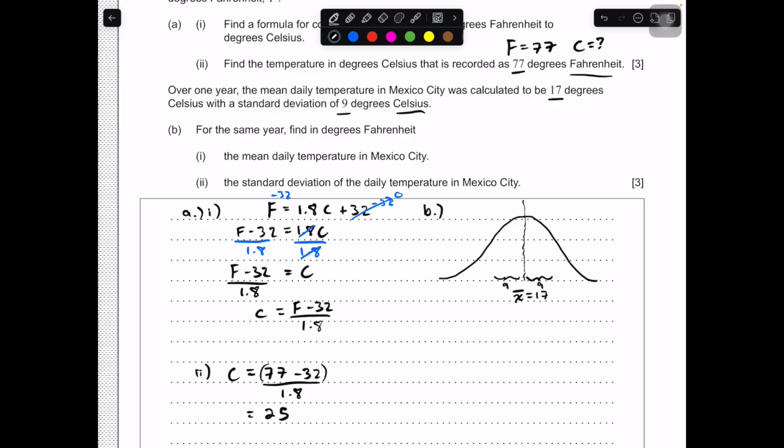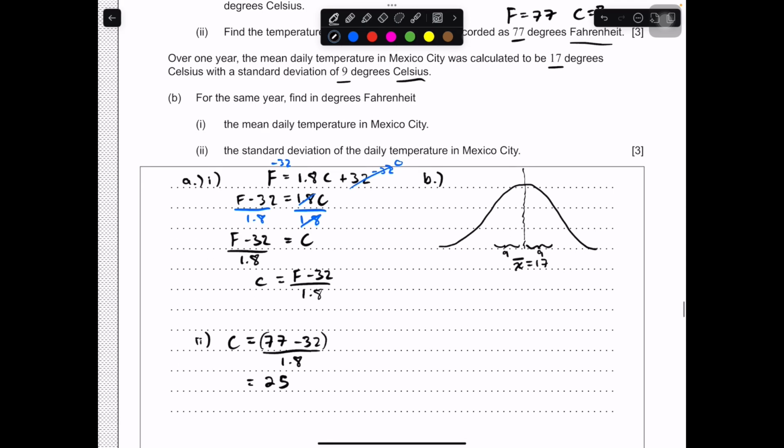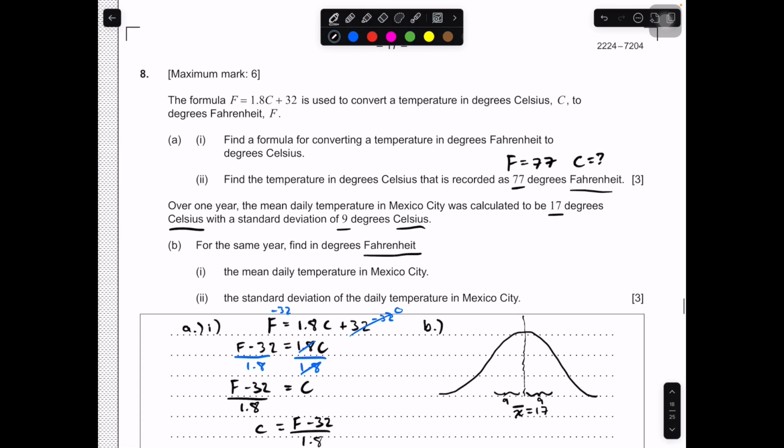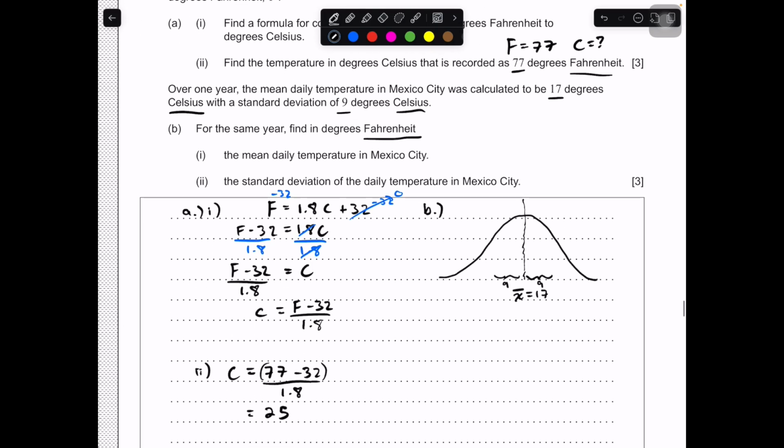Well, if the average was 17 degrees C, it has to be 17 degrees Celsius. For the same year, find in degrees Fahrenheit. So we've got some formula right here where we can plug in some value of C and it'll tell us the value of Fahrenheit. In this case, we don't really need to overthink this one too much. So this is B1 rather.